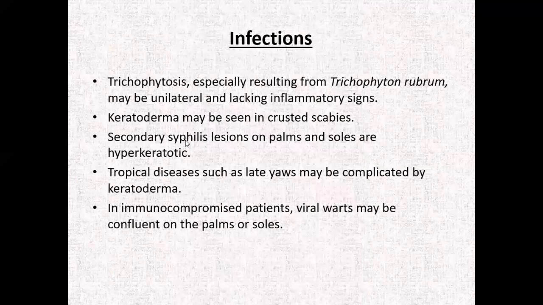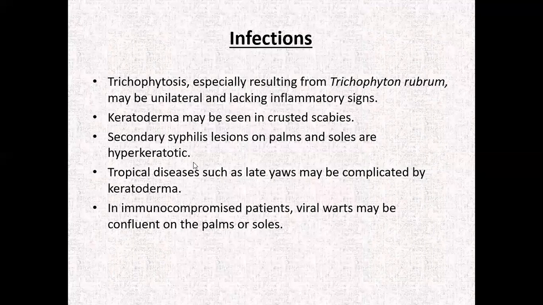Then secondary syphilis is characterized by punctate psoriasiform lesions on both the plantar and palmar aspects. Tropical diseases like late yaws are characterized by punctate keratodermas, mainly present on pressure areas. Then warts may be seen in immunocompromised patients. Many warts on plantar and palmar skin can result in painful walking.